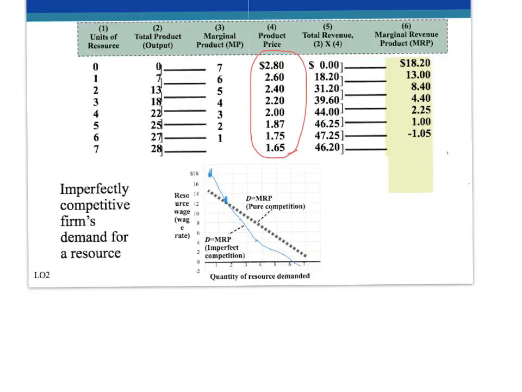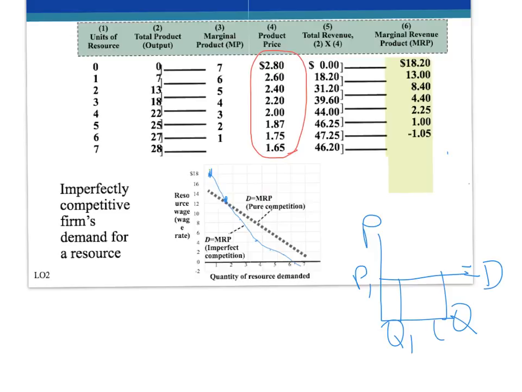sloping demand curve. So under pure competition, remember the demand curve is horizontal. So whether they produce Q1 or Q2, price stays the same. They are price takers. But in all the other market structures, they are price makers and they face a downward sloping demand curve.